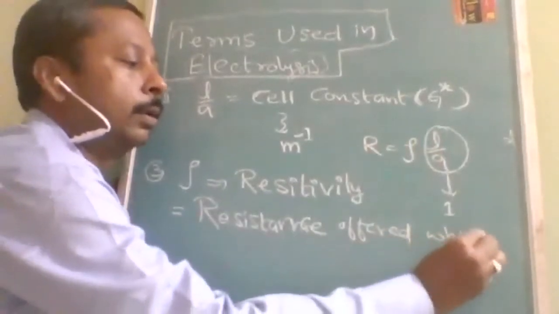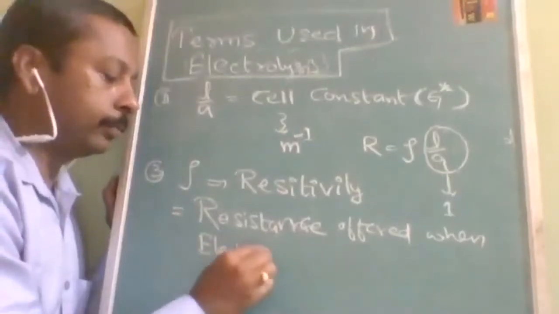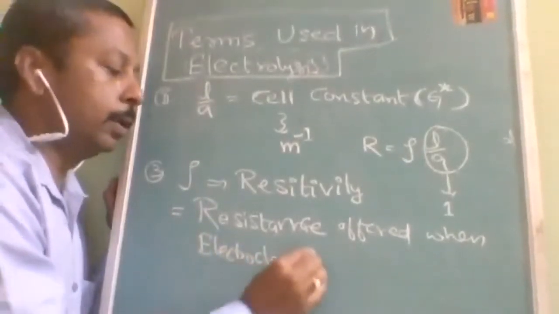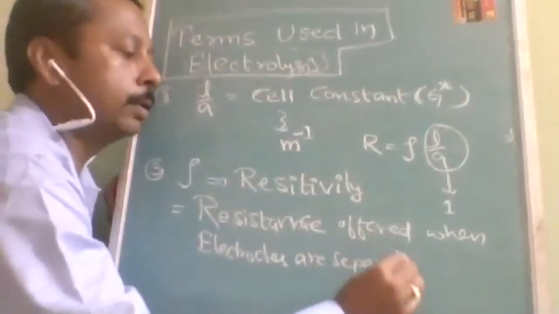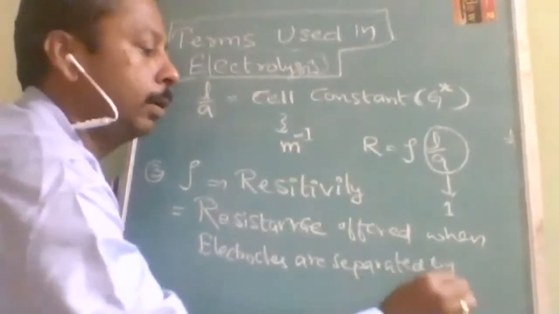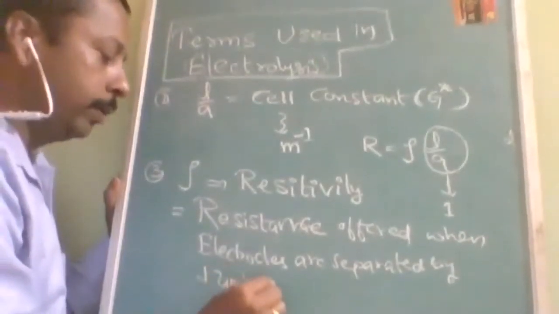When electrodes are separated by 1 unit distance. How much distance? 1 unit distance.